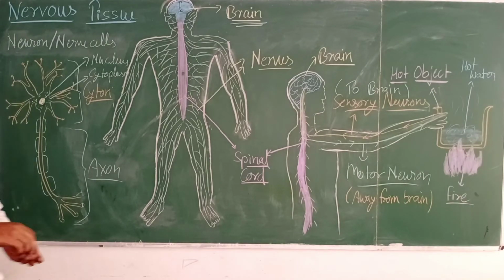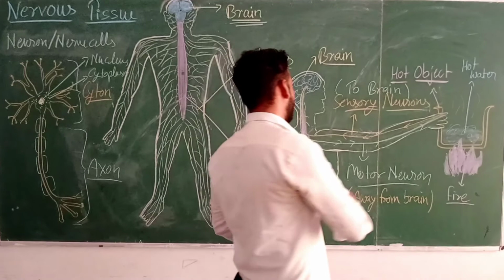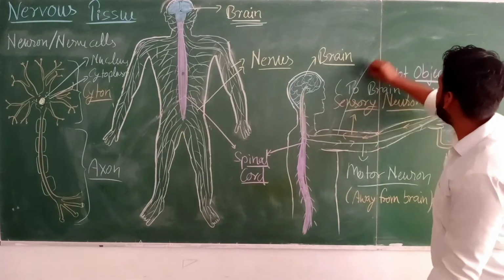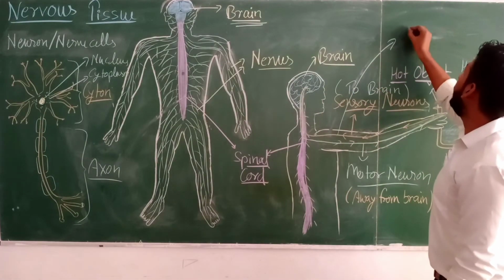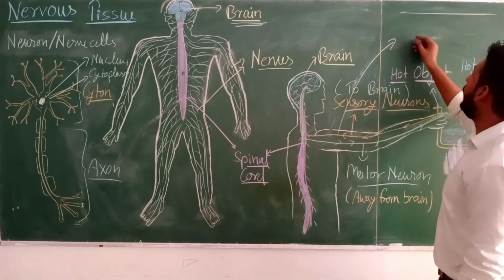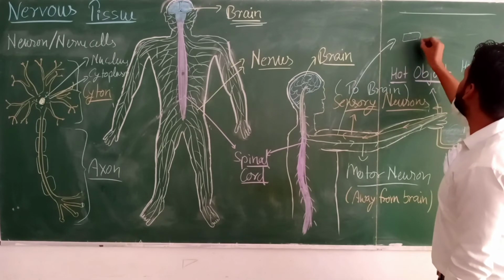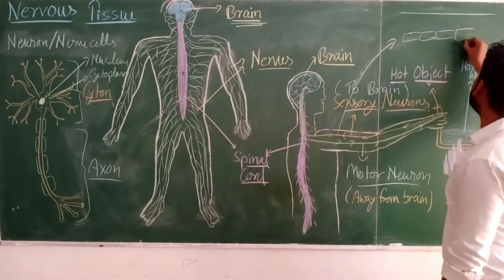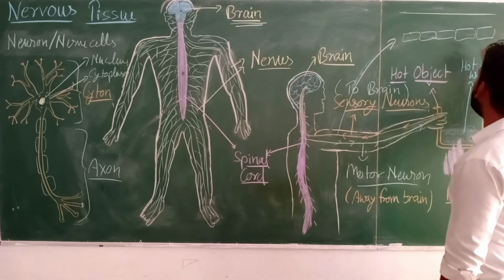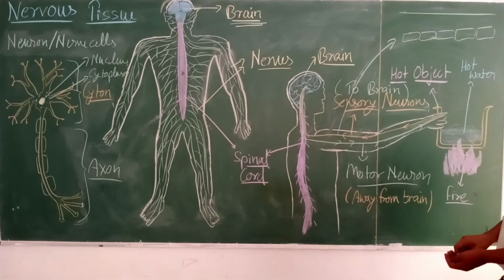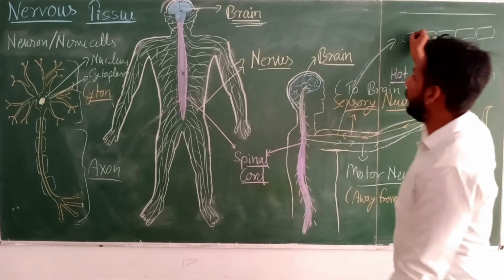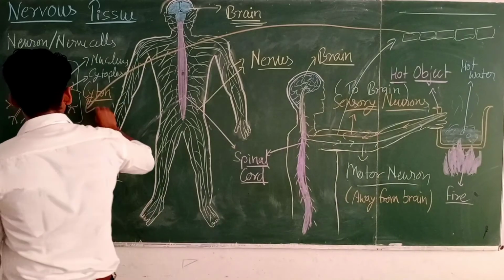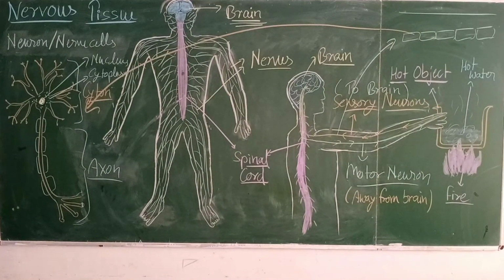These are not so long. Actually, these are interconnected. Suppose I am drawing this here. Here it is a single nerve fiber, and it is connected by small units. These are the small units by which it is interconnected, and these small units are the nerve cells, or neurons.